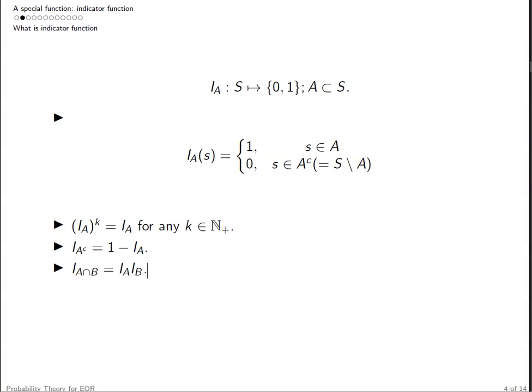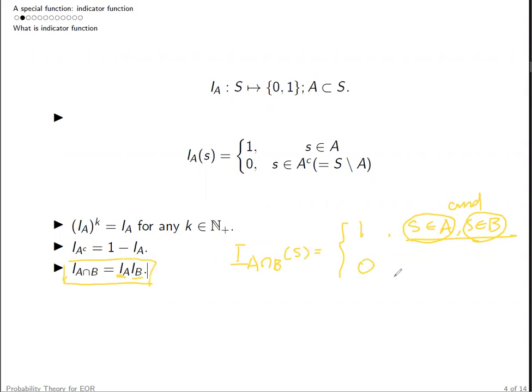This is also easy to understand and very intuitive, because now we know I_{A∩B} is equal to 1 if s is from both A and B. So s is not only from A, but s is also from B. So both indicator functions, I_A and I_B, are equal to 1, and 1 times 1 is still 1, right?